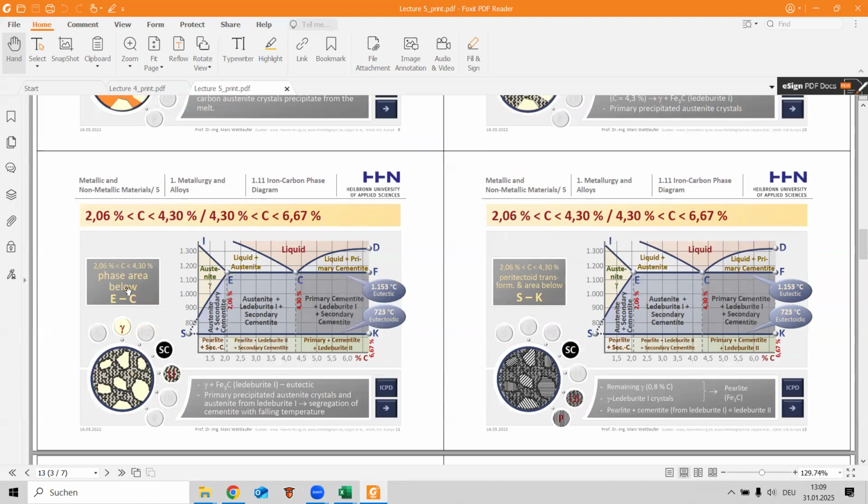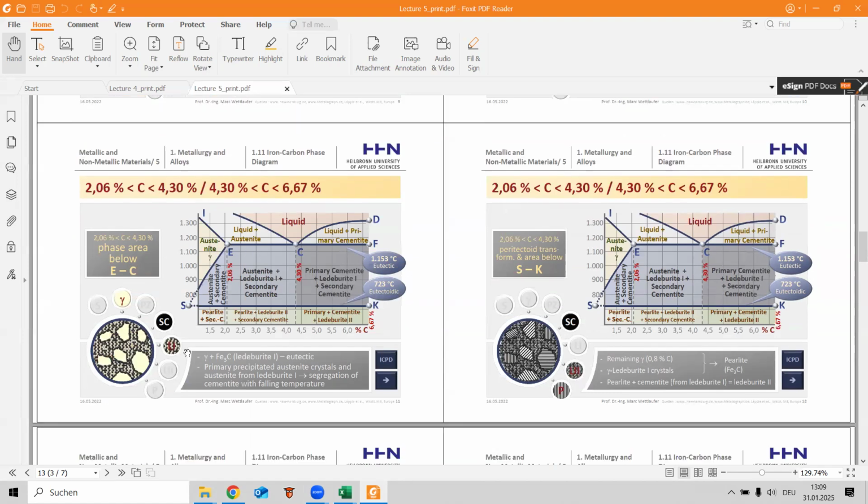So the phase area below E and C is austenite plus ledeburite 1, cementite. It's eutectic, primarily precipitated austenite crystals and austenite from ledeburite 1. Segregation of cementite with falling temperature.